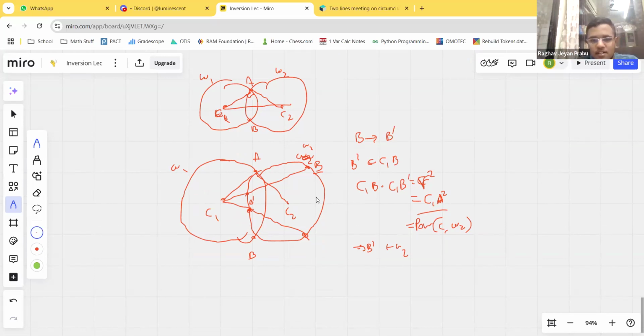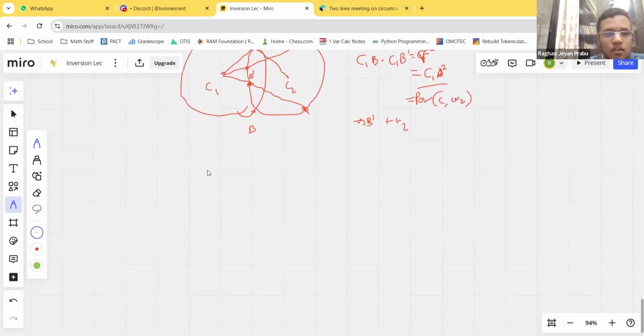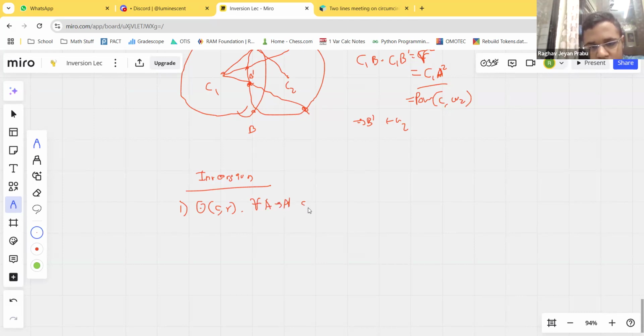Okay. So now we have looked at what an inversion is. Let's summarize what we have seen till now. Inversion: one is the definition. You invert with respect to a circle C with radius R, such that all points A map to A dash, such that one, A dash lies on the ray CA, and two, CA times CA dash is equal to R square.